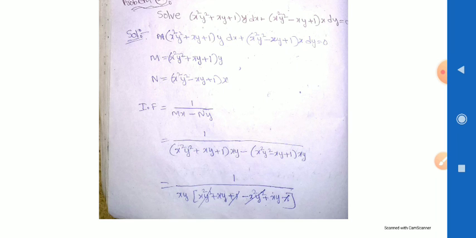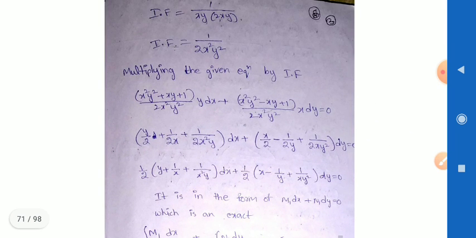By simplifying and taking xy as common, we get 1 by xy into (x square y square plus xy plus 1 minus x square y square plus xy minus 1). Here minus 1 plus 1 is cancelled, and x square y square is cancelled. Then we get the integrating factor equal to 1 by xy into 2xy, that is equal to 1 by 2 x square y square.